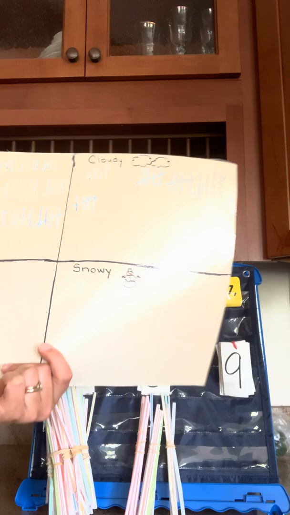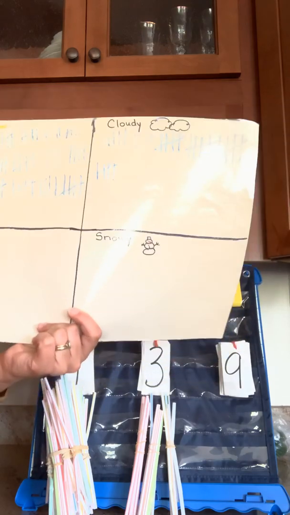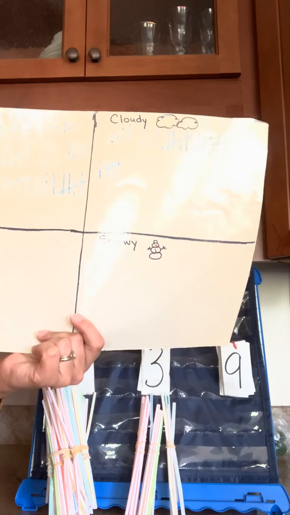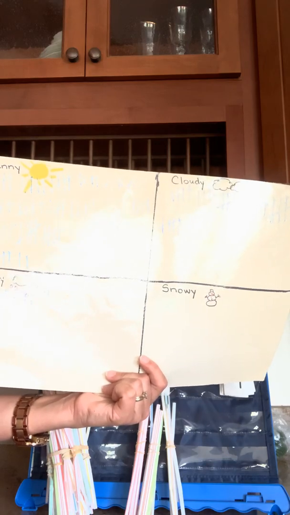Sunny is the most. Snowy is the least. We've had less sunny than cloudy. We've had 0 snowy days. All of those are different things you can say about the weather, and all of those things are correct.